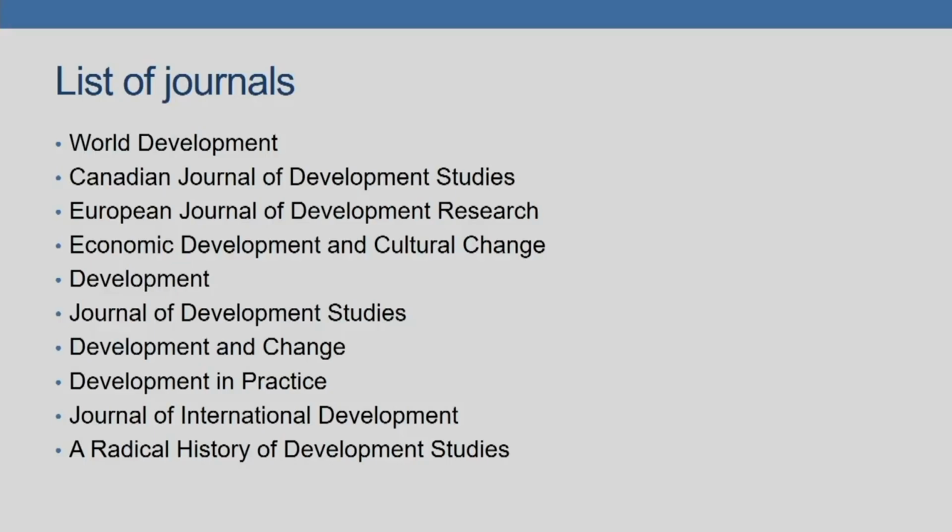Journals within the field of development studies include Development, Canadian Journal of Development Studies, European Journal of Development Research, Economic Development and Cultural Change, Journal of Development Studies, Development and Change, and Development Studies. Most of these journals that I have cited here are useful for a serious student of research methods with regard to the types of development issues that need to be kept in mind when we are pursuing the question.